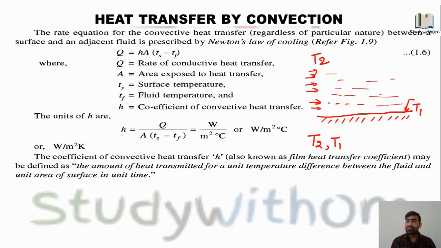Why? Because we have seen already that for convection heat transfer, there should be one solid layer and another should be a fluid, or a liquid layer. That may be air that is flowing past the surface, or some fluid, oil or a liquid. So in that case, the heat transfer will take place by convection.